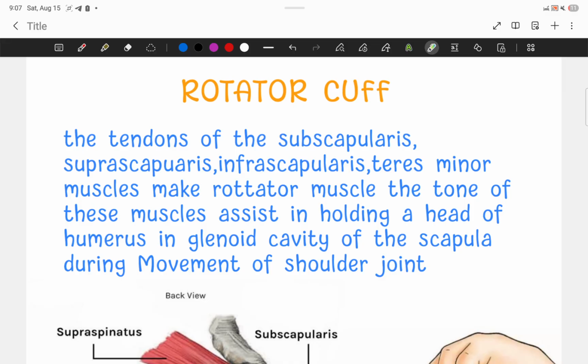The rotator cuff is the tendons of the subscapularis, supraspinatus, infraspinatus, and teres minor muscles. The function is that the tone of these muscles assists in holding the head of humerus.